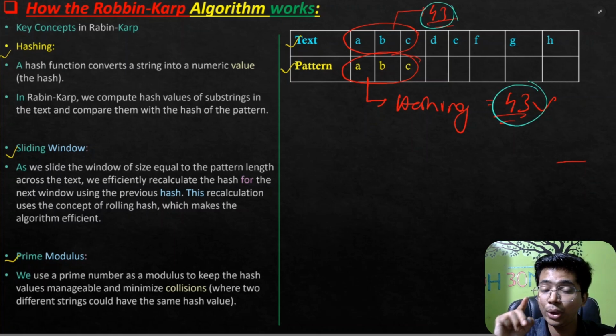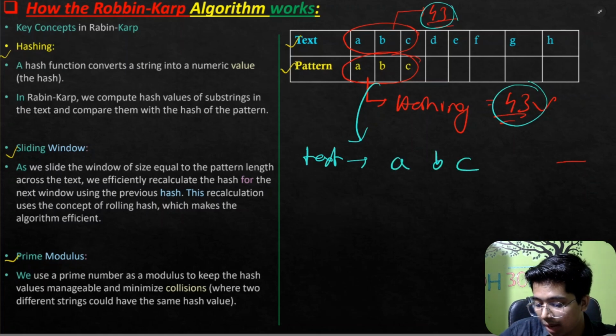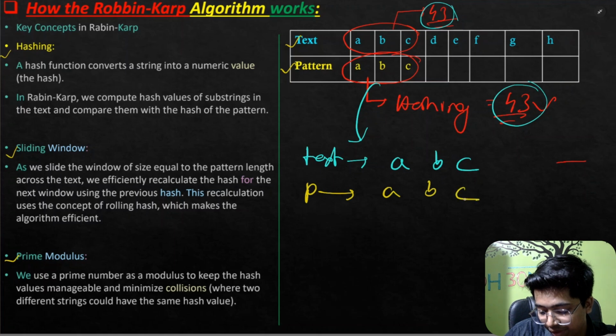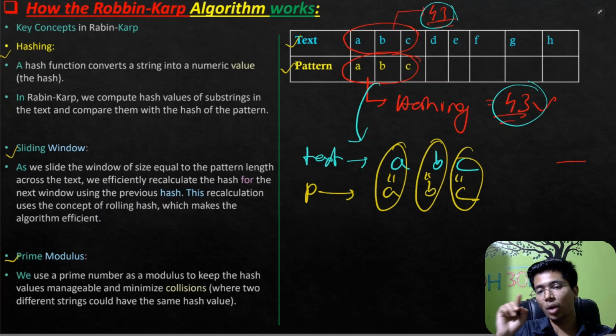They are the same. Now we do the character by character comparison. We will take the text part A, B, C, and the pattern part A, B, C, and now we will check if they are the same one by one.